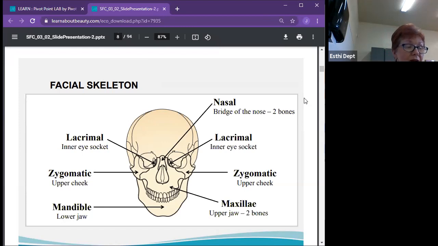Then we're going to break down the parts of the facial skeleton. The first one is the mandible. It's the largest of the facial skeleton, and it is your jaw, the lower jaw. It's one piece, so it's one bone.